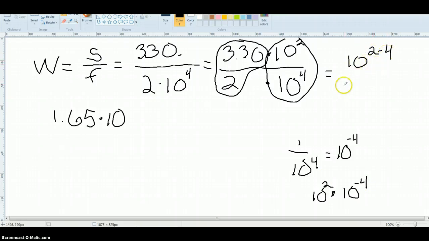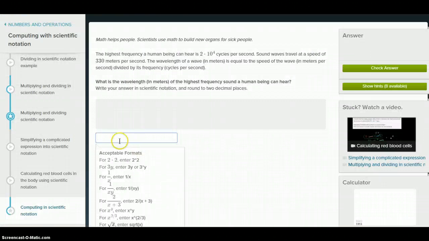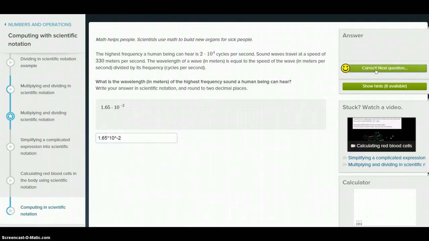So it's going to be negative 2. Alright, so 1.65 times 10 to the negative 2. So 1.65 times 10 raised to the negative 2. Alright, so next question.